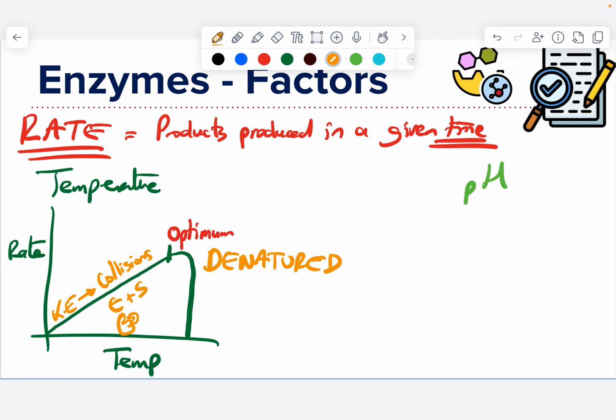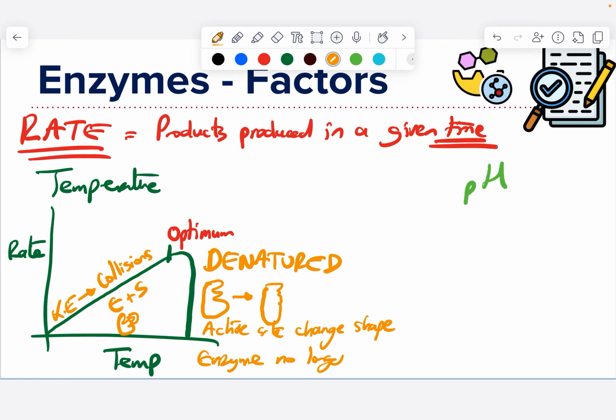What we mean by that is this. If this is my enzyme, it then starts to look like that. So what does denatured mean? It means the active site changes shape, which means the enzyme is no longer complementary to the substrate.